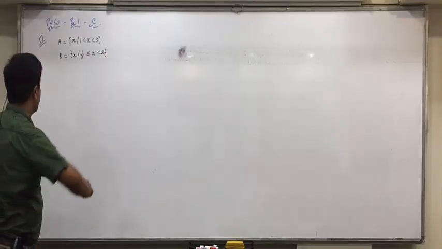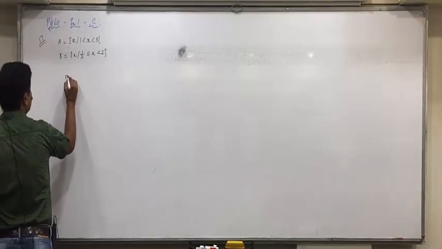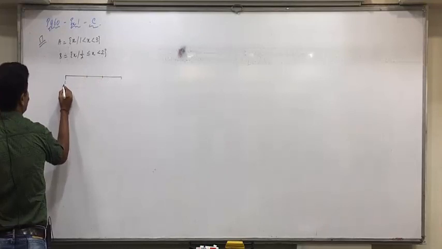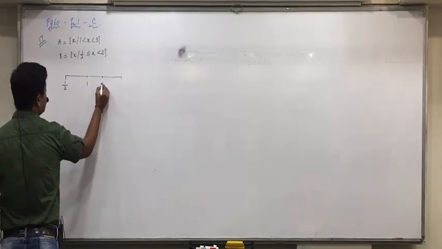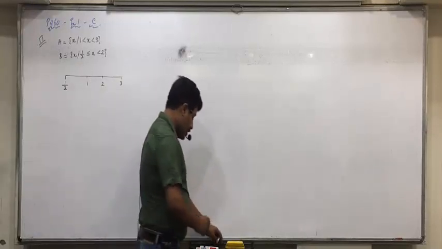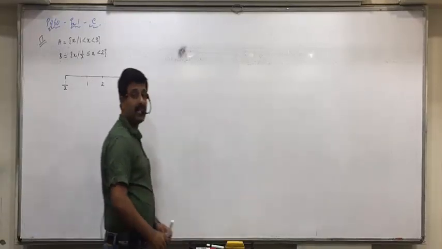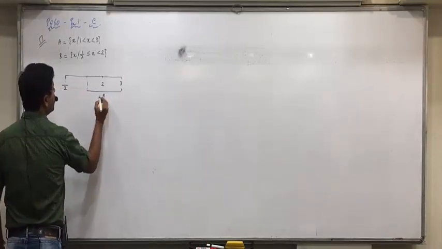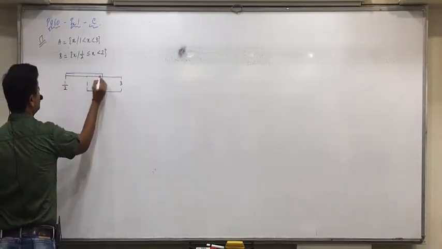First of all, on the number line, which is the lowest number out of the four? Half, then 1, then 2, then 3. Do you all remember this? Now, A is from 1 to 3. B is from half to 2.